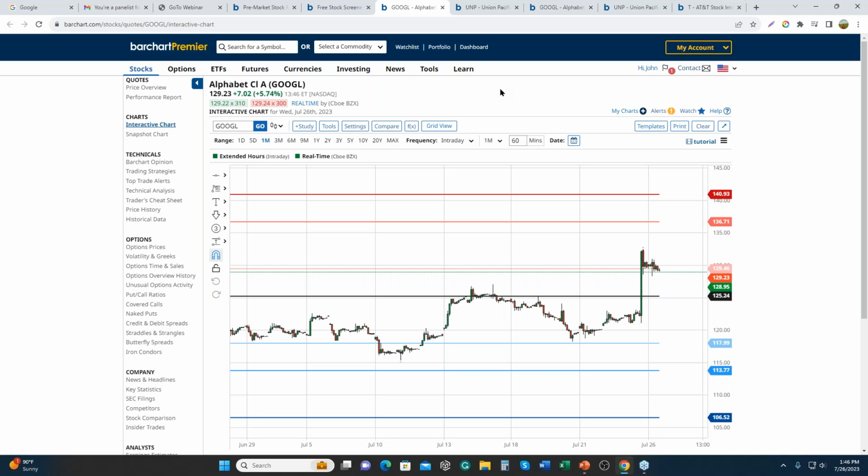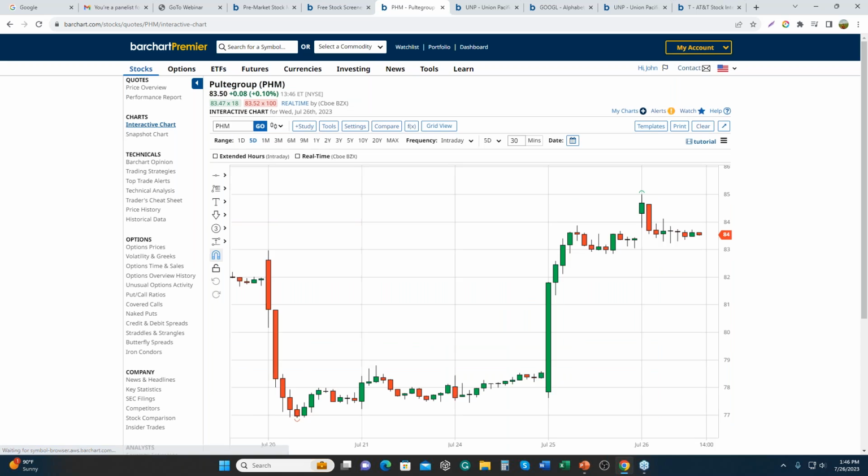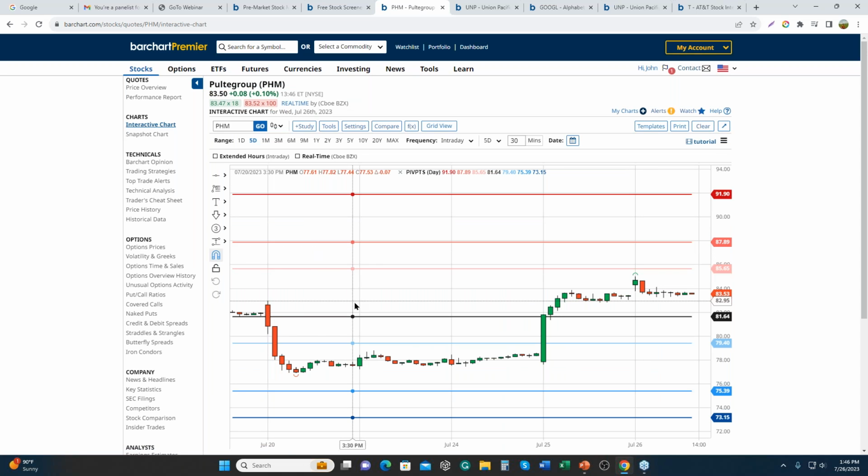So I was trying to look for one of those today, and I went through the scan process. Small price movement on those gainers, right? And the one that I came up with that looked like the best candidate was this PHM. This is a home builder, I believe.